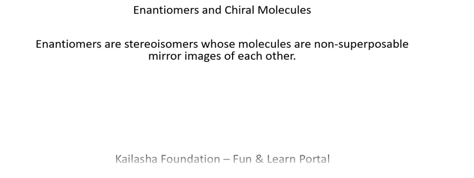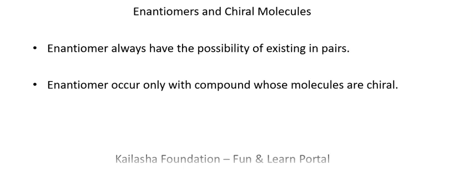So let us see now some properties of enantiomers. Enantiomers always have the possibility of existing in pairs. As we are well aware, stereoisomers have optical activity, meaning they rotate plane polarized light in some direction.